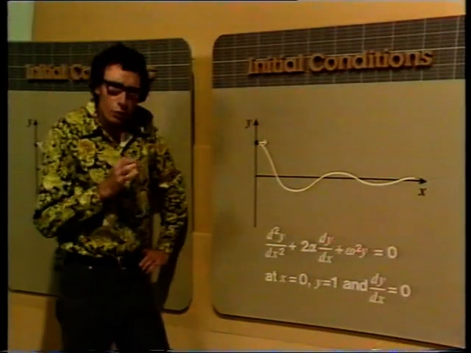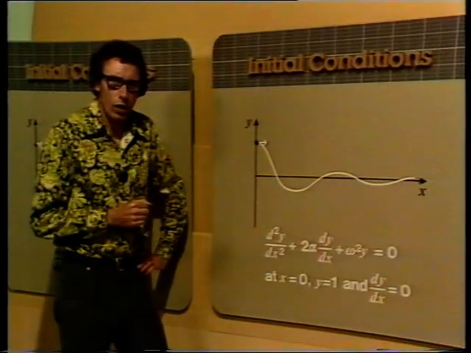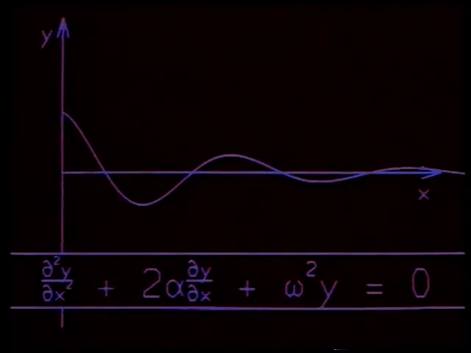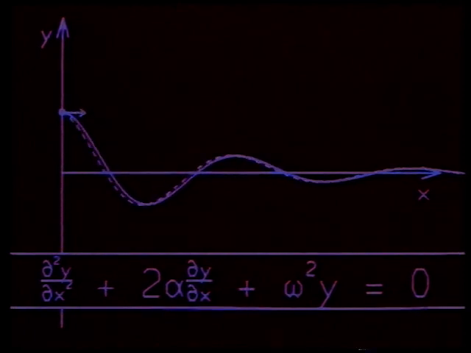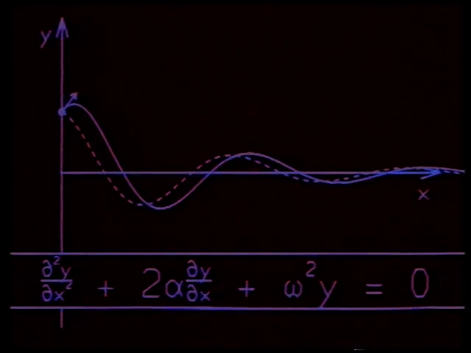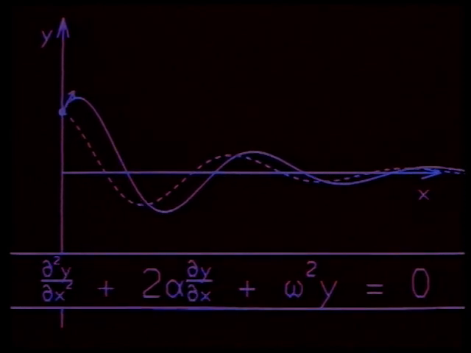Now, let's fix the value of alpha for now and look at some different initial conditions. Here's the oscillatory case. We can satisfy different initial conditions like this. The shape of the curve's always the same. It's just a matter of how we start.